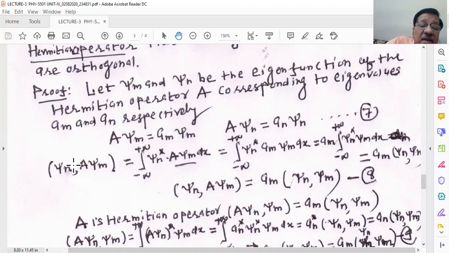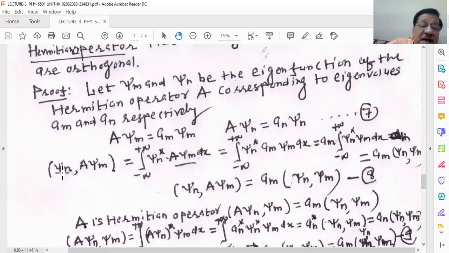I take the scalar product of eigenfunction psi n with A psi m. Please remember, your operator A is the Hermitian operator, not an ordinary operator. When I take the scalar product, this notation is converted into the integral form.